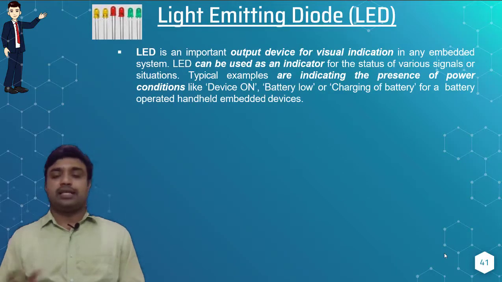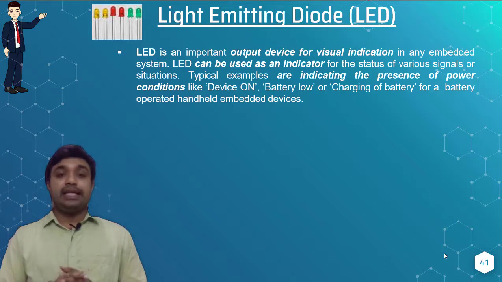LED is an important output device for visual indication in any embedded system. LEDs are considered output devices for visually representing or providing the status. In any embedded system, LED can be used as an indicator for the status of various signals or situations.